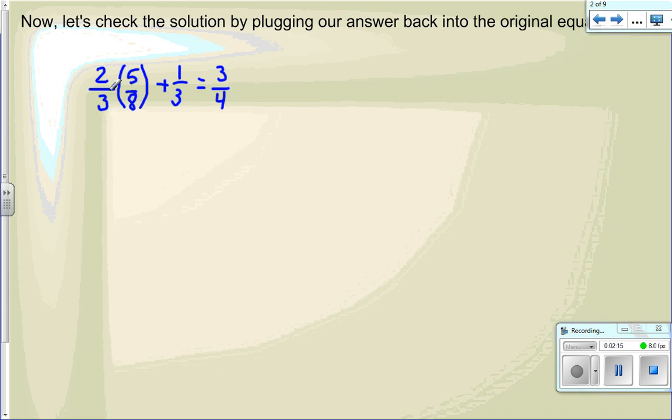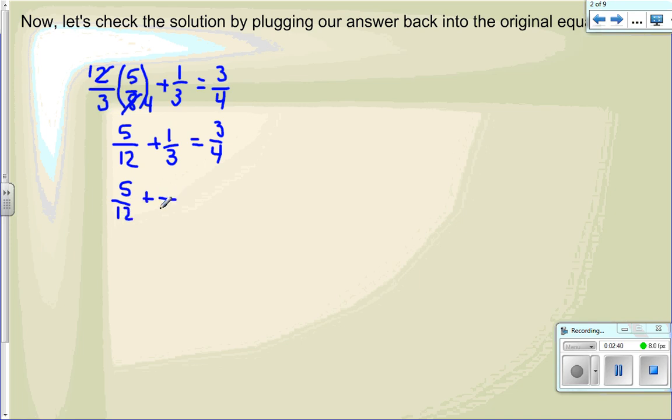So here I have 2/3 times 5/8. I'm going to cross reduce a 2, make that a 1, and make this 8 a 4. So now I have 1 times 5 is 5 over 12 plus 1/3 should equal 3/4. Okay, and on this side, in order to add, I need to find the least common denominator, which is 12.